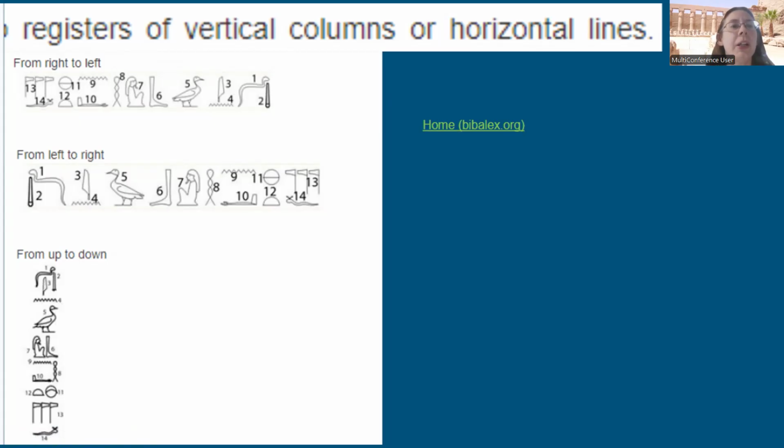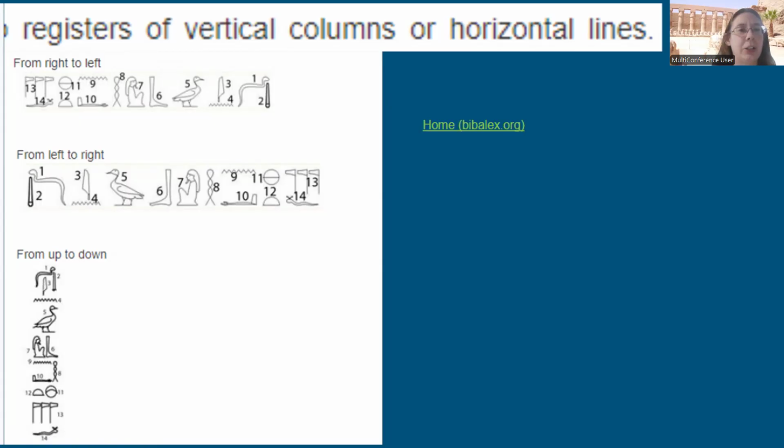If you are looking at text that goes this way, so across, for instance, this example here, find the animals and or people in this chunk of signs. Okay, well, you see a seated person, you see different snakes, you see a bird, and if you look at all those images, they're all facing to the right.